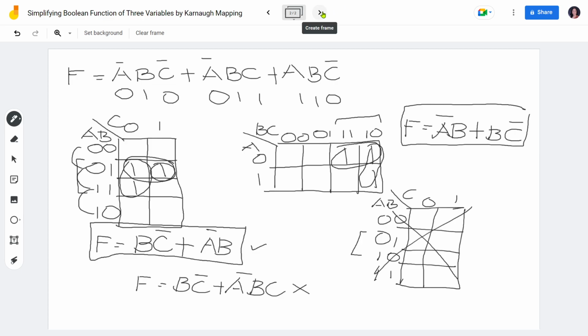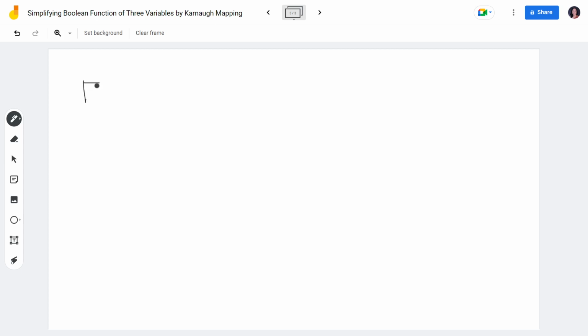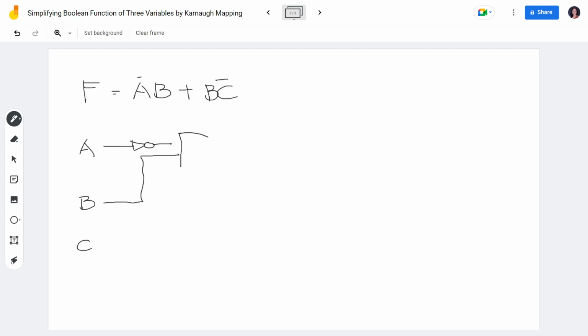So since we already have the output that we have, we can already draw the logic circuit. Okay. So we have F is equal to not A, B, or B, not C. So we have A, B, and C. Okay, we have not A, and then we have B, and then that's an AND operation.